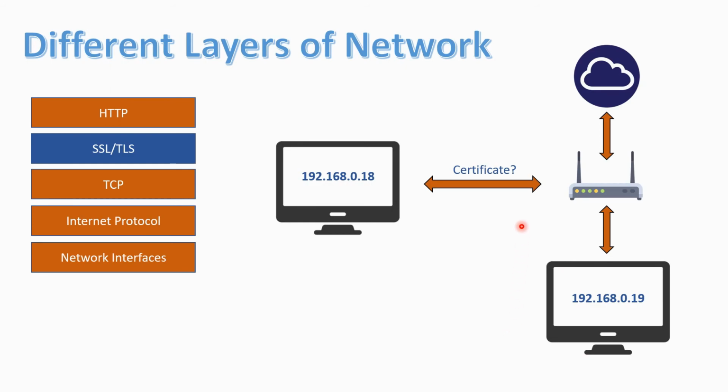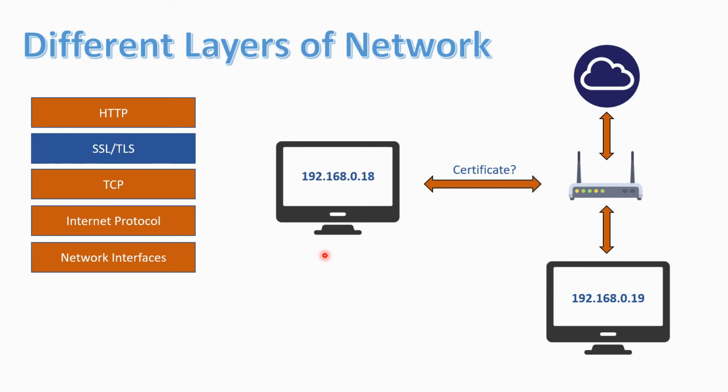And then after the certificate is verified, all the data that flows on the HTTP layer is encrypted, so it isn't readable until it reaches the client. So it is encrypted, sent back, and then it gets decrypted.